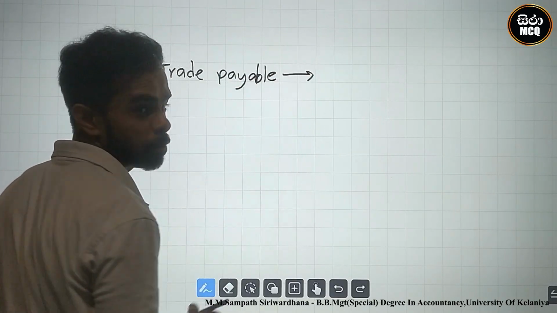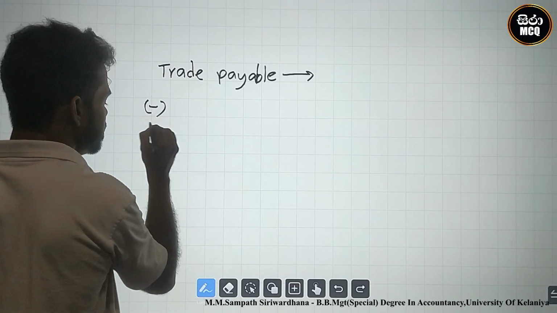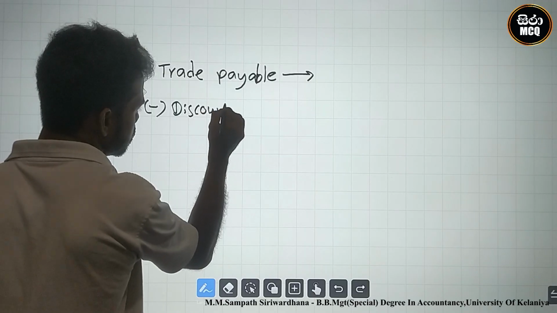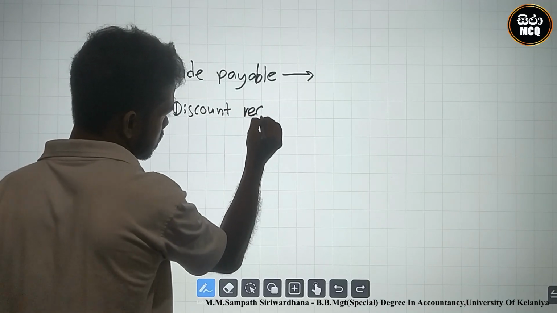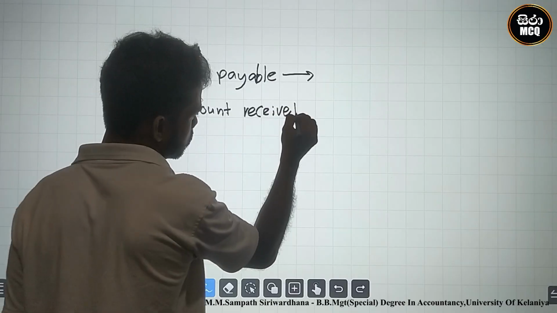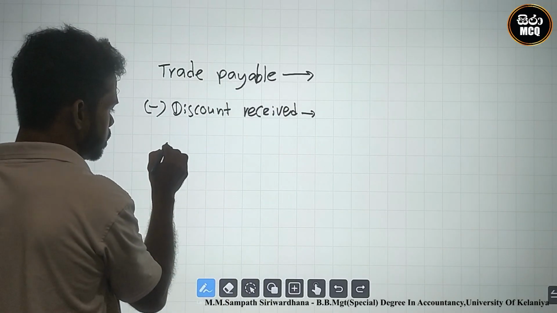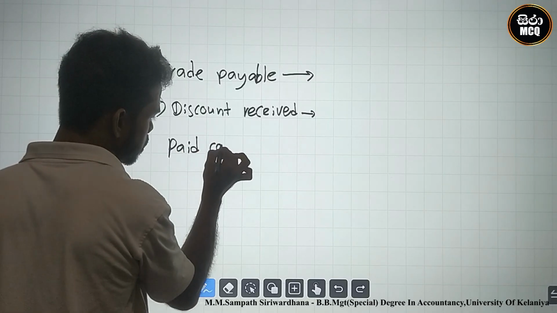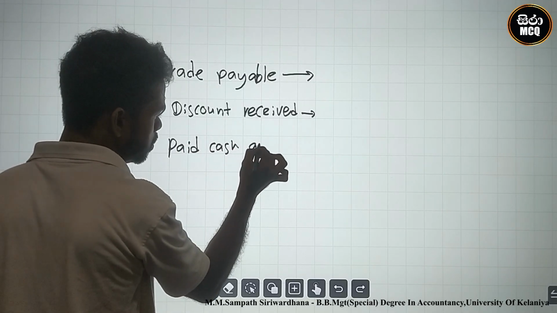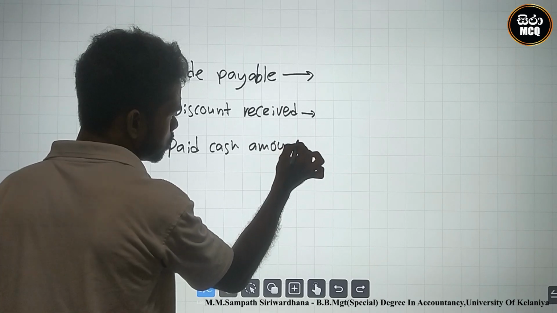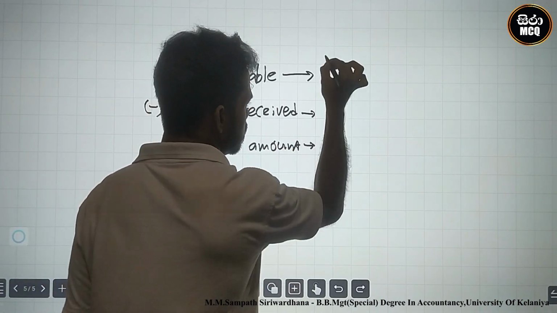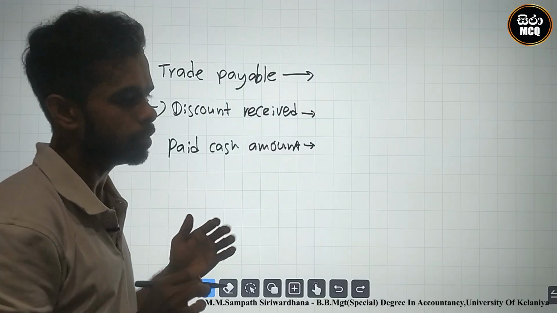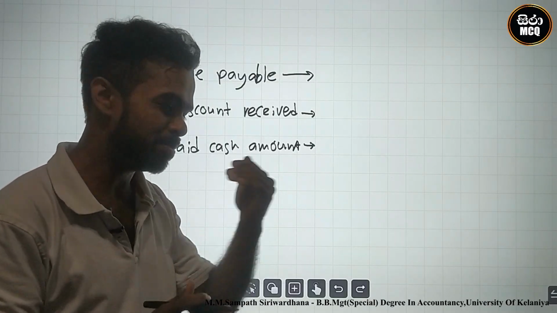This is the payable amount. After that we must deduct discount received. After that we must pay the cash amount. This is the guideline of trade payable, cash paid to trade payable.